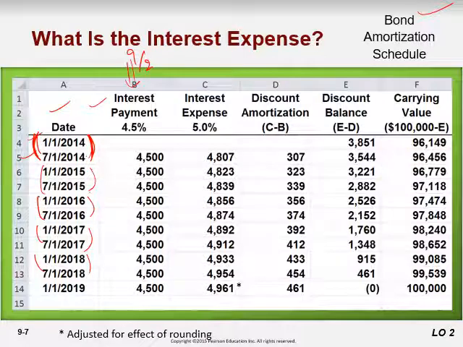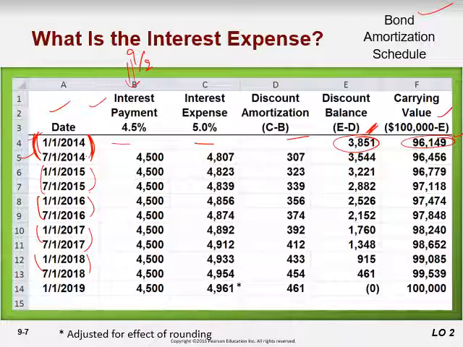So this is period 0. We issued the bond, but we receive the value of 96,149, and this is the discount. These are the interest payments.